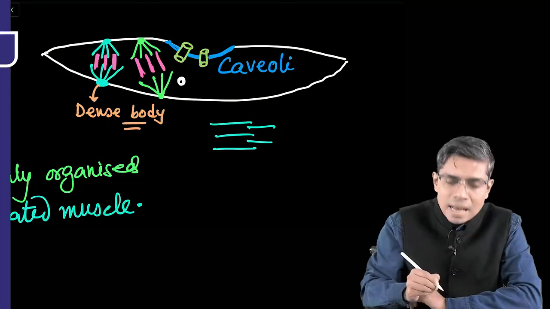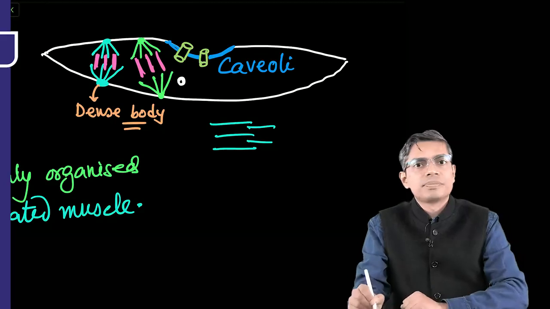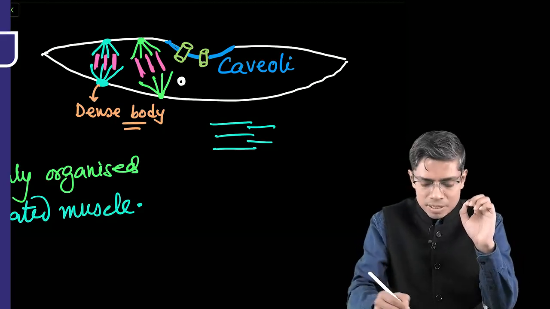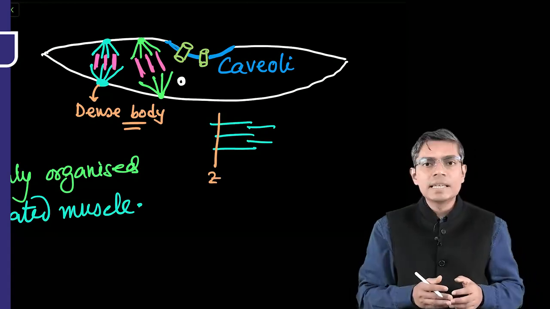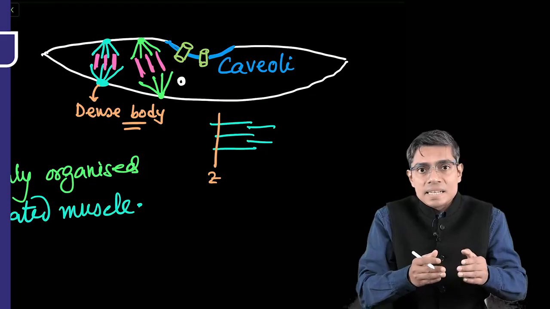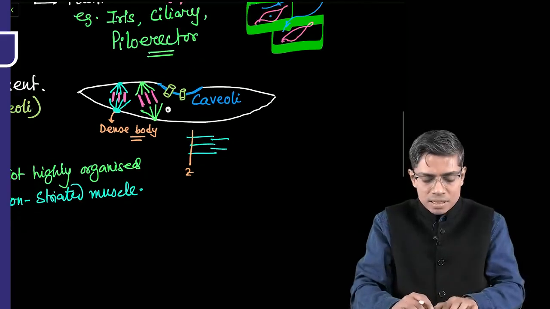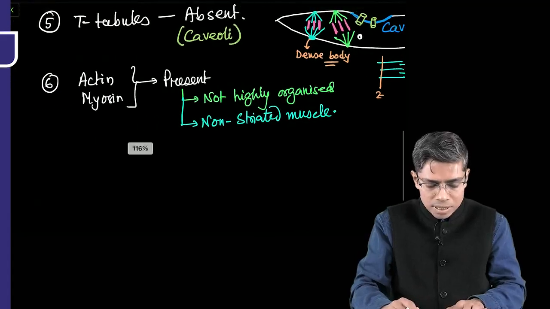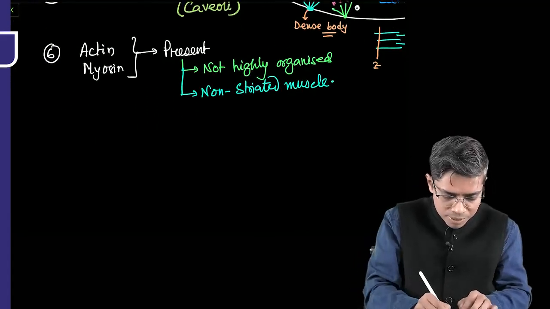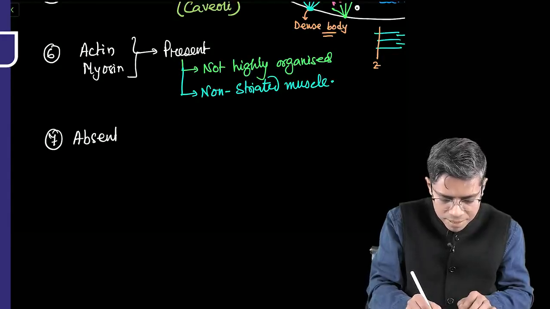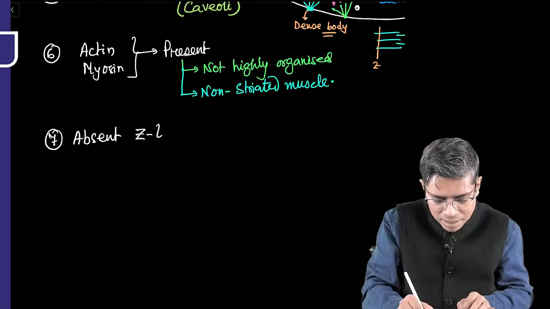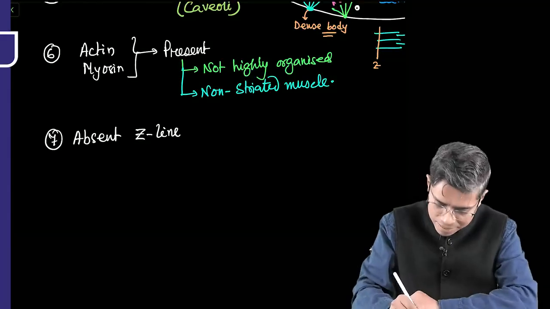If I ask you, actins remain attached to which line in case of skeletal muscle? All of you say that this is known as the Z line. So are you getting any line or any disc here in case of smooth muscle? The answer is no. So the next point that you have to remember, point number 7, is that the Z line or Z disc is absent.